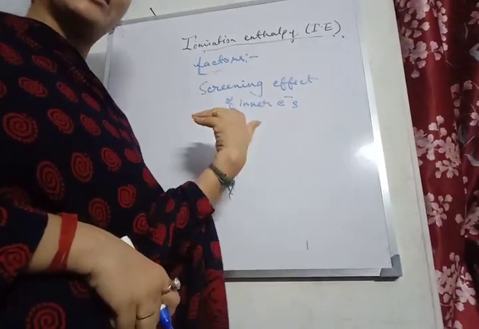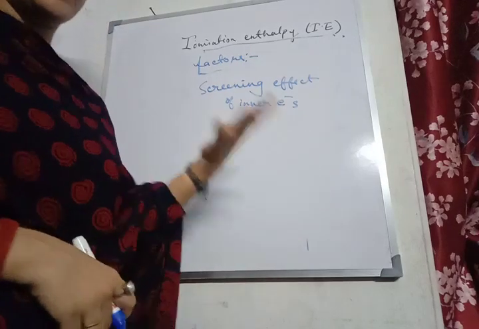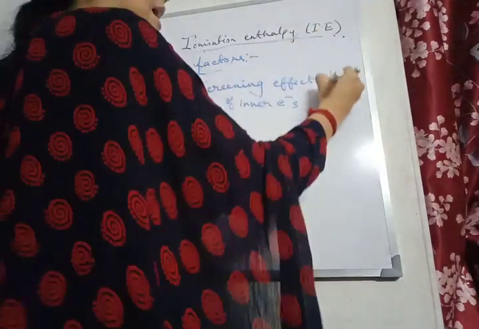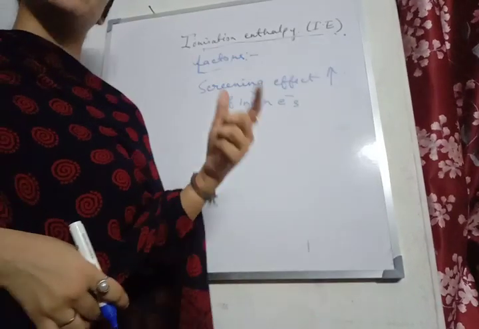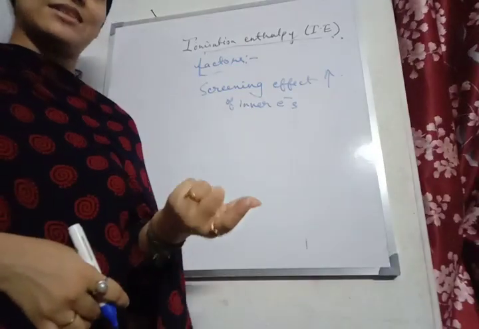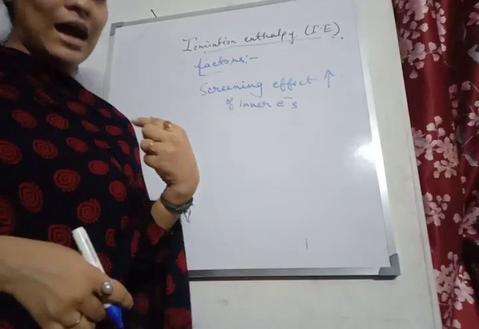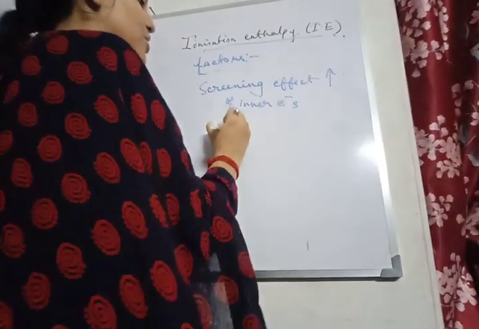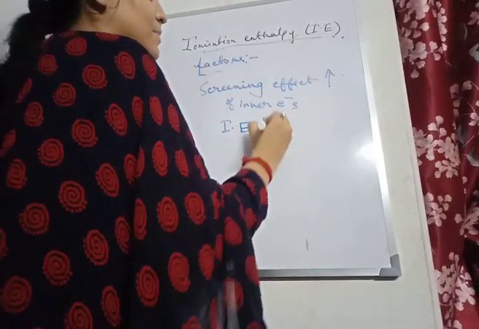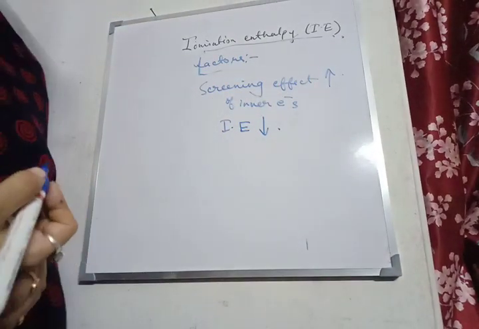So higher the screening effect, the inner electrons can effectively screen the nucleus from the outermost shell. As a result, the energy required to remove the outermost electron will be lesser. So higher the screening effect, lesser will be my ionization potential, because my nuclear pull will be lesser.